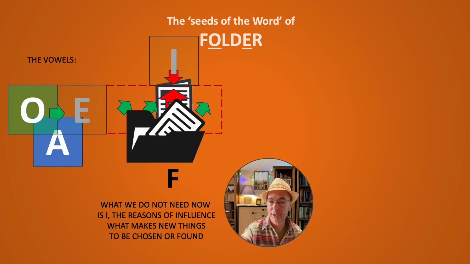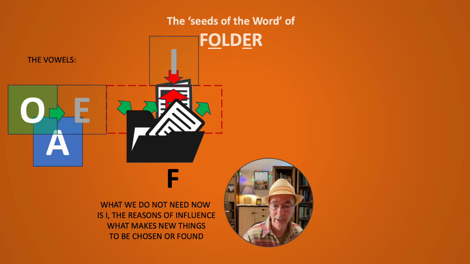The E will not be chosen. E is another vowel, and that's more needed for the context. So where does it come from? Which context decides for it? The reasons of influence that make new things or new choices to be found or chosen and so on. That's decisive in that way.